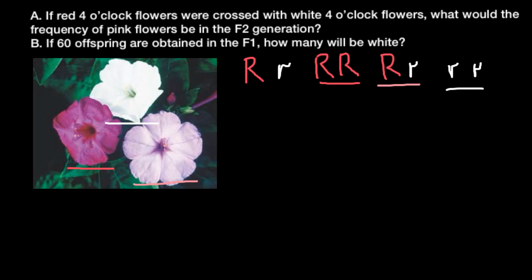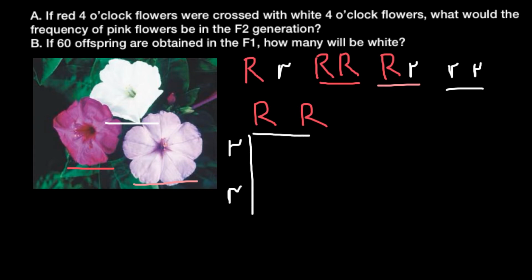In our problem we have to cross plants with red flowers and with white flowers and find the frequency of the white flowers in the F1 generation. So we have to cross the genotype capital R capital R with the genotype small r small r.